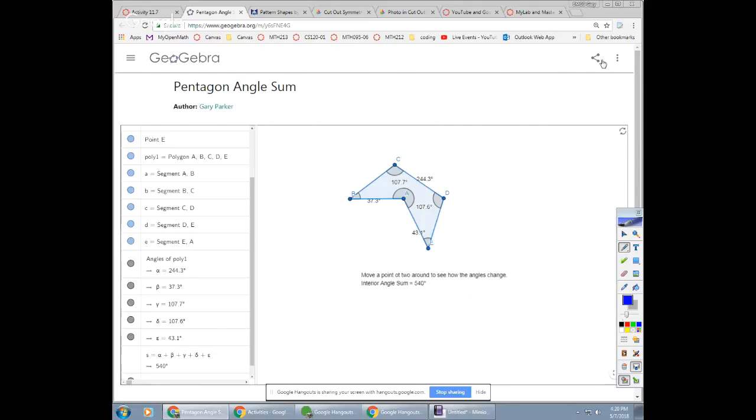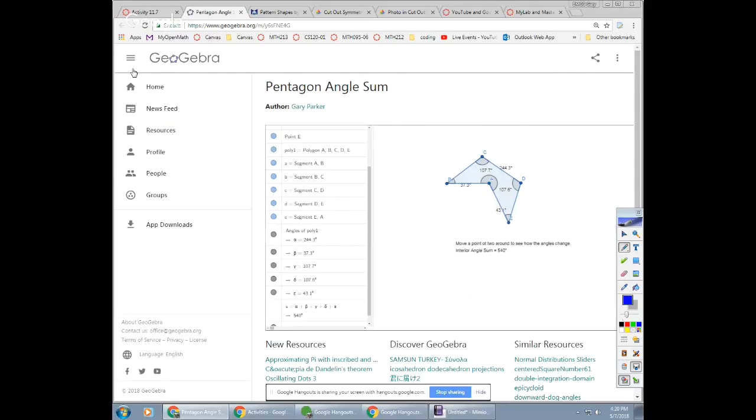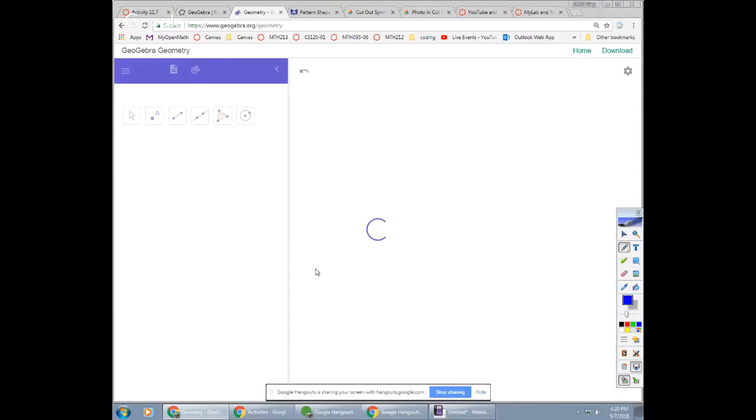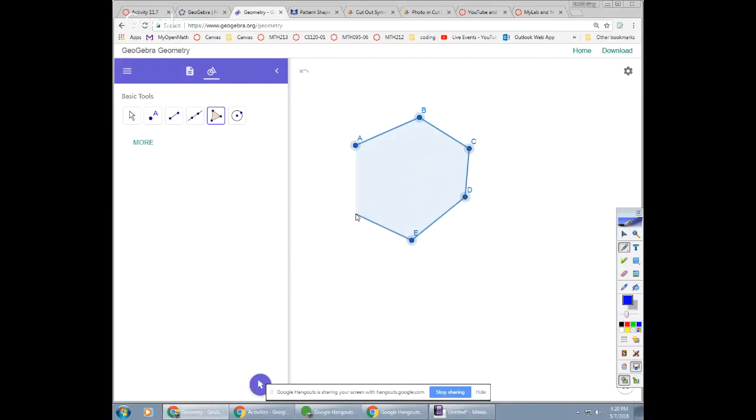But I'll show you an easy use of Geogebra. So I'm going to go to the Geogebra homepage, and I want to do geometry. And they've got some basic tools here where you can put a point, a line segment, a line, a polygon, where you just draw a polygon.